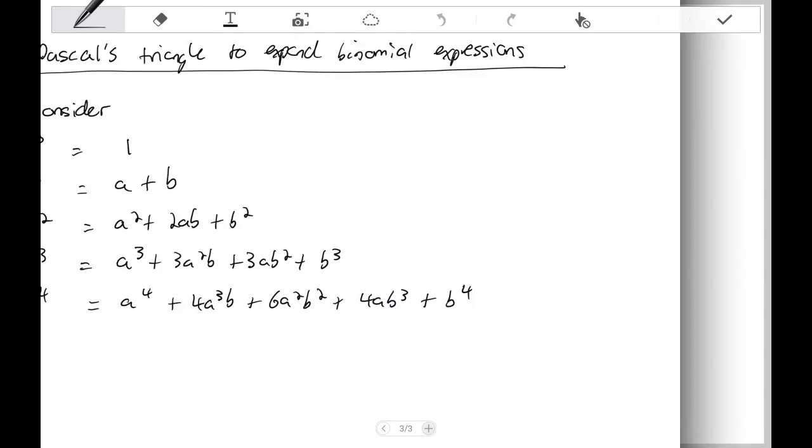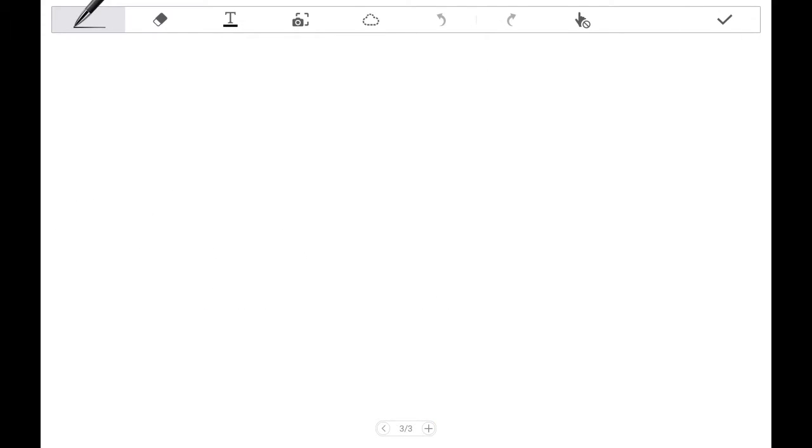And I'm going to write them out in what is called Pascal's triangle. Pascal's triangle is a sequence of numbers, and it is formed by adding together the two numbers above the position you're at.